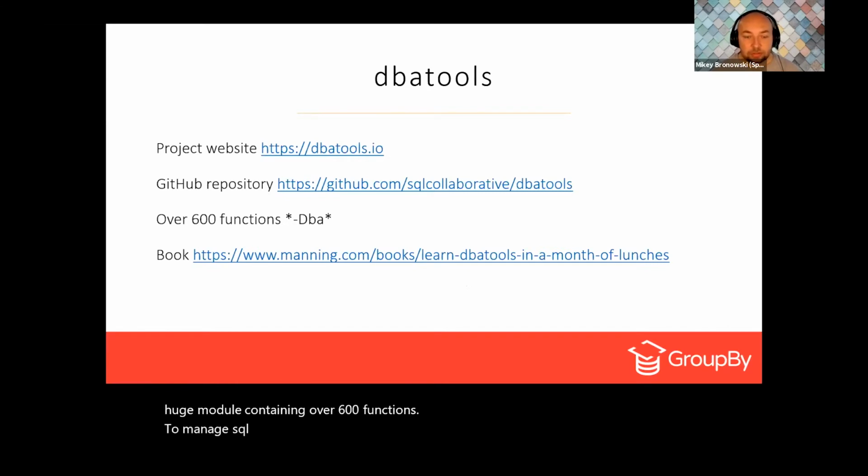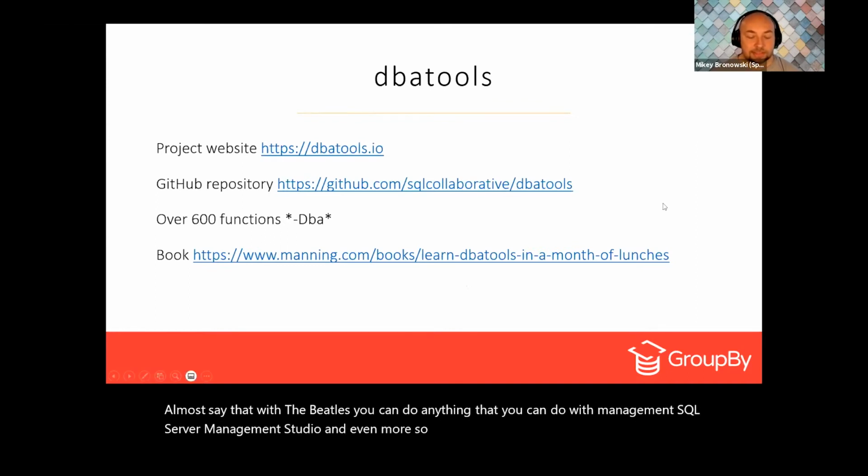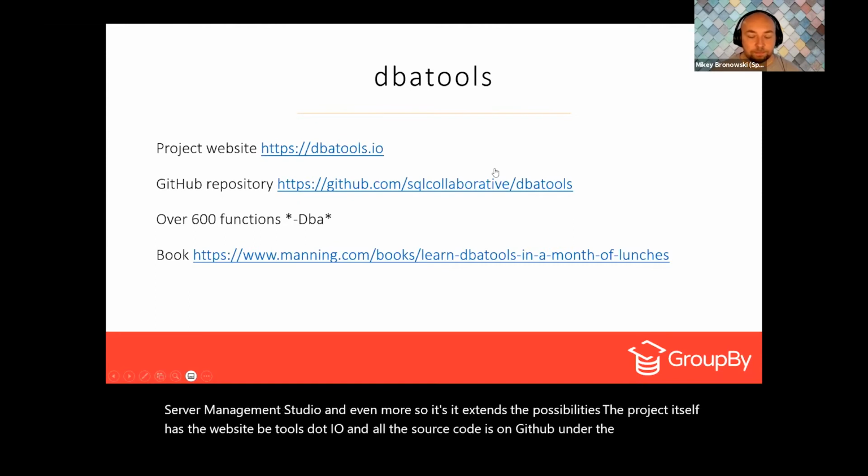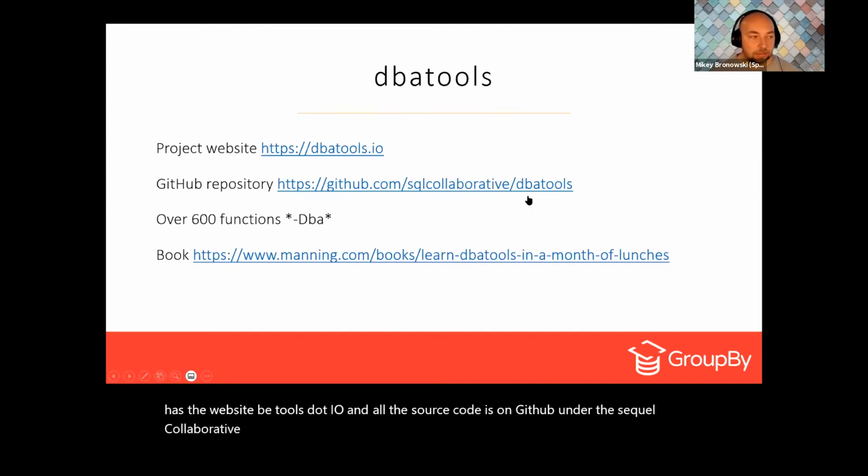You can almost say that with dbatools, you can do anything that you can do with SQL Server Management Studio, and even more, so it extends the possibilities. The project has the website dbatools.io, and all the source code is on GitHub under the SQL Collaborative organization in the repository called dbatools. And they also write a book.